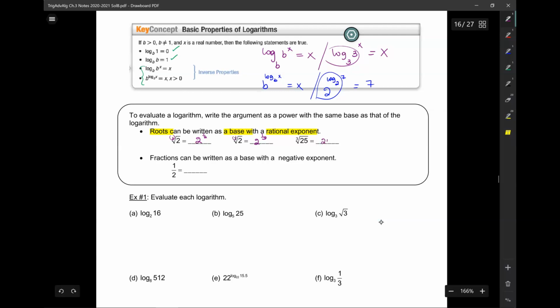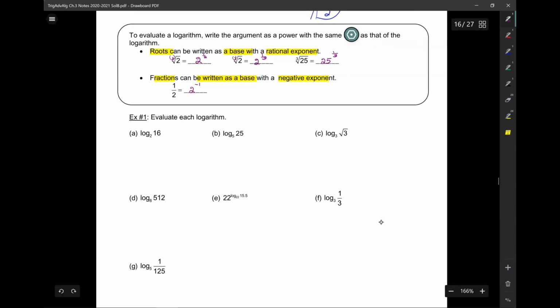And 25 to the power of 1 over 3. Also, remember fractions can be written as a base with a negative exponent. We did this before when we were graphing exponential functions. So if I have 1 over 2, that's the same as 2 to the negative 1. Remember that? Okay, cool. So now we're going to evaluate these logarithms.